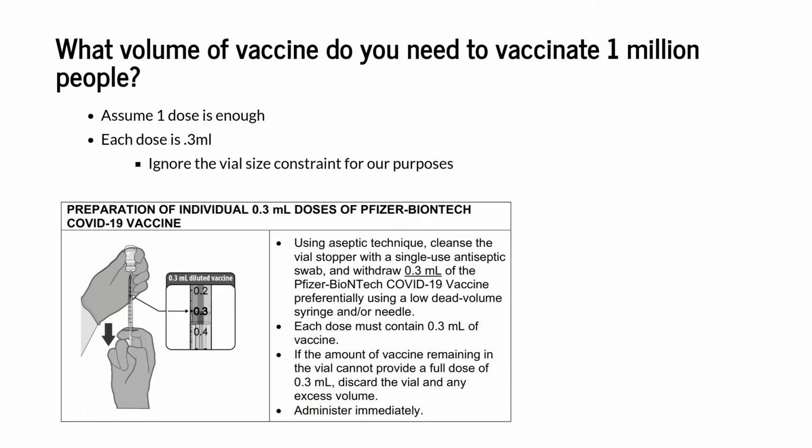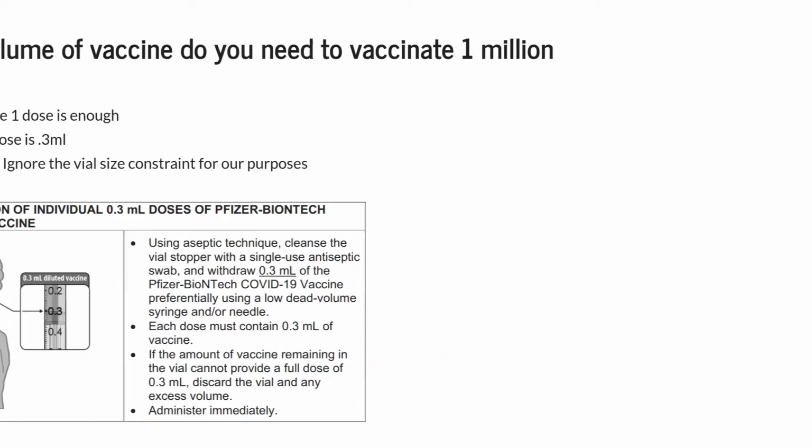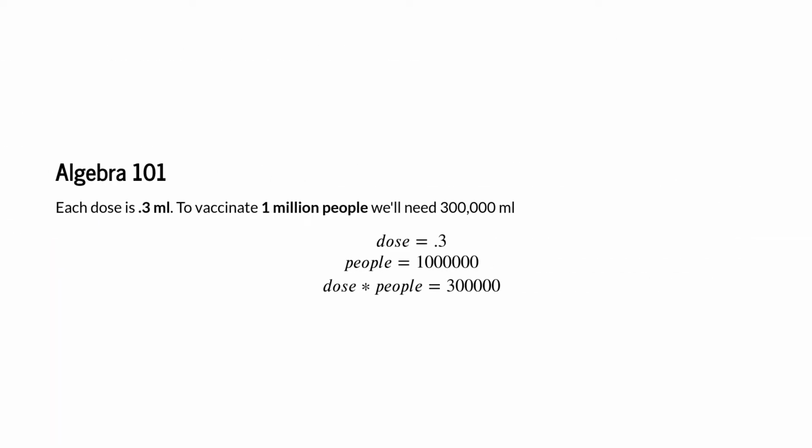Now we can see the methodology here that even Pfizer has put in their manual. A doctor is supposed to take a syringe here, and they're supposed to pull out 0.3 milliliters exactly to give to somebody. Now with those 2 numbers, we can figure out what we need, right?